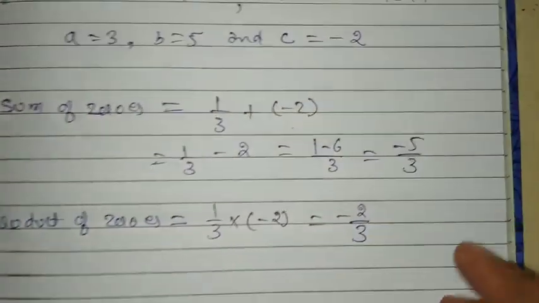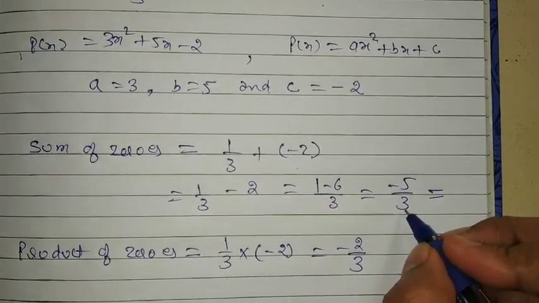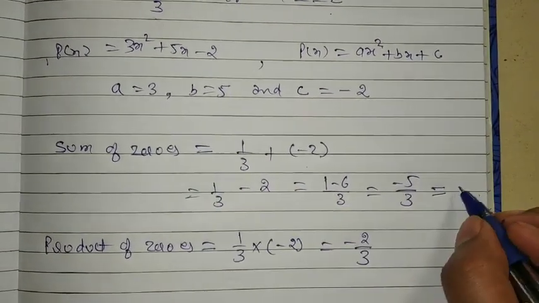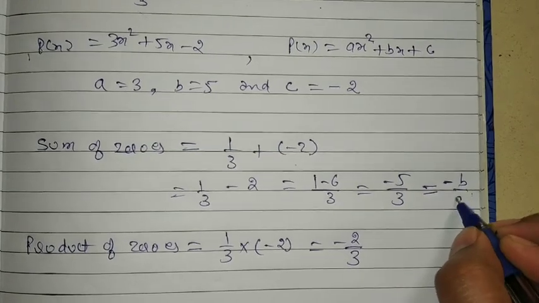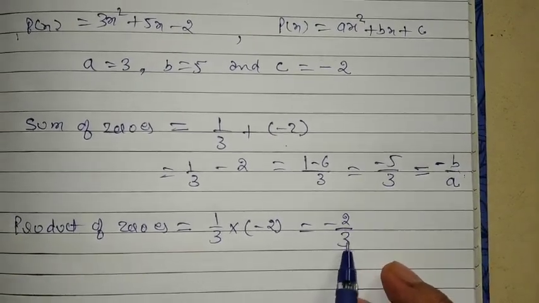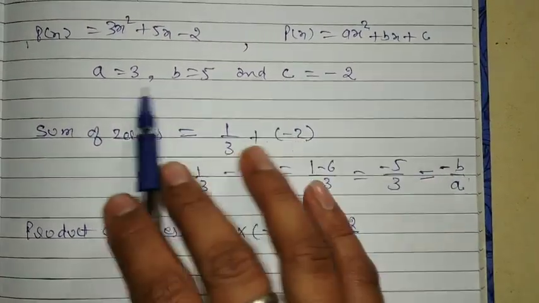Now look closely, this minus 5 by 3 can be written as minus b by a, and the product of zeros, minus 2 by 3, can be written as c by a.